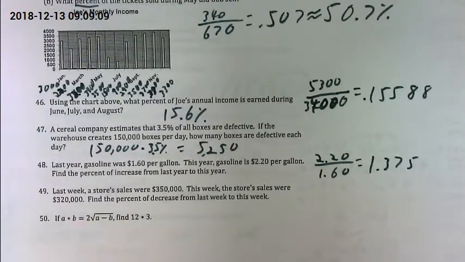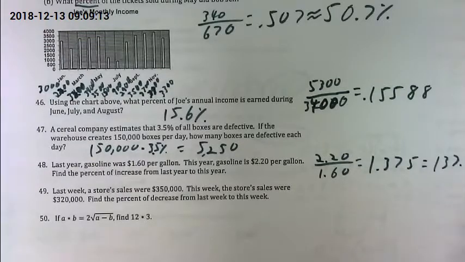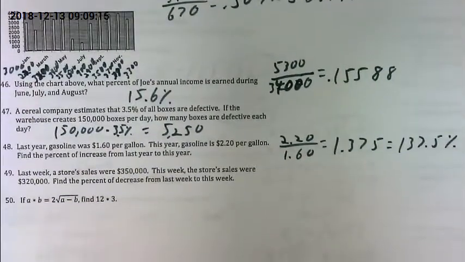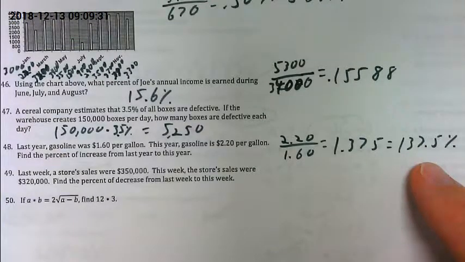All right. Again, as a percent, we'd have to move the decimal 2 places. Now, it asked, find the percent increase from last year. All right. Is this the percent increase? What do you have to do with this? So the new price is 137.5% of the price from last year.